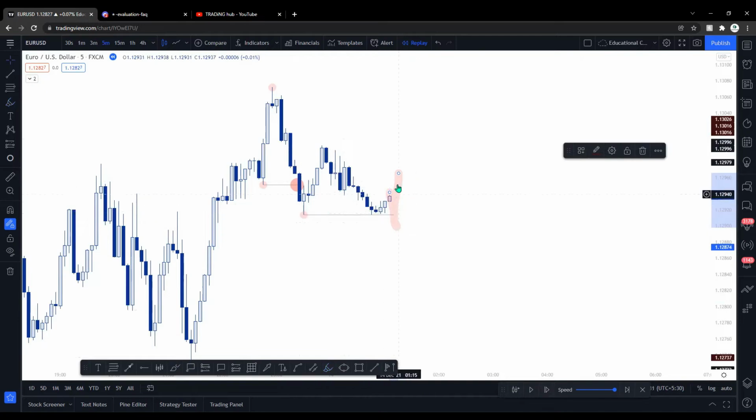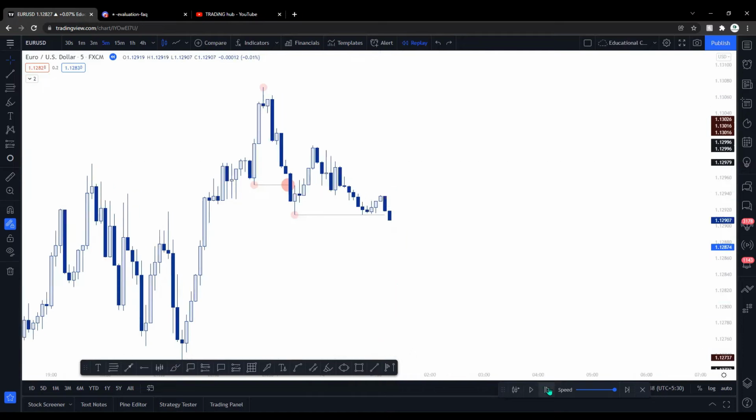If the market pushes the downside and then pushes higher, it works like liquidity. In this case you can see the market completely closes below it, so this one becomes our valid break of structure.